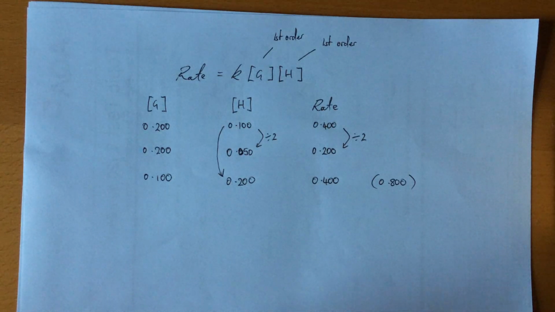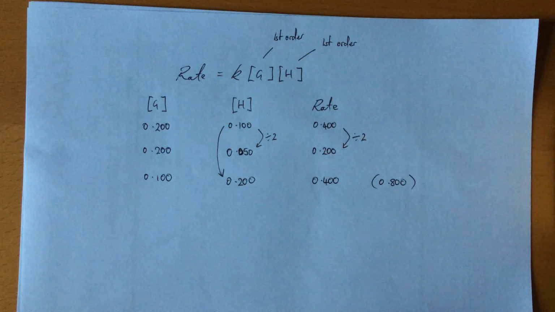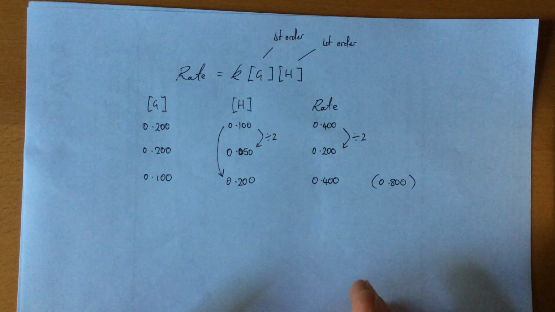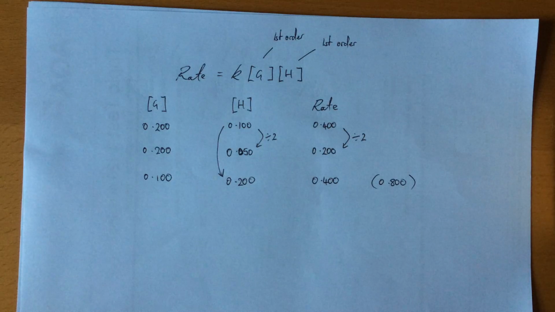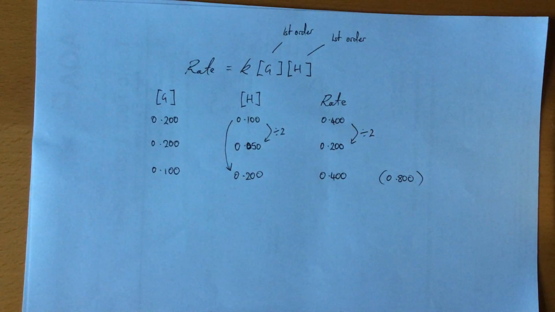So these are quite simple examples, and the data is quite friendly here. As you try more and more difficult examples, some of the data is in standard form, some of the numbers are not so easy to work with, some of the factors that the concentrations have been increased or decreased by are not whole numbers, and that makes things more problematic. But let's stick with something straightforward for now.